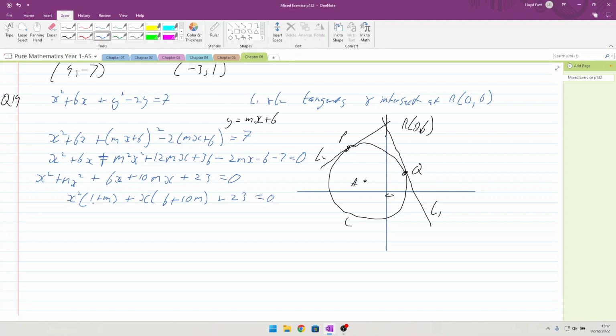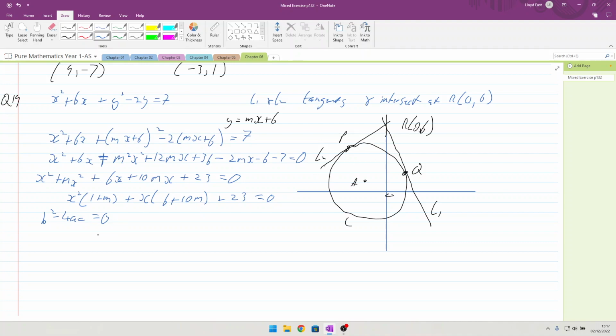That looks very like a quadratic, but I don't need to solve it, I just need the discriminant, b squared minus 4ac, equal to 0, because when it's equal to 0 it only has one solution, which a tangent has.